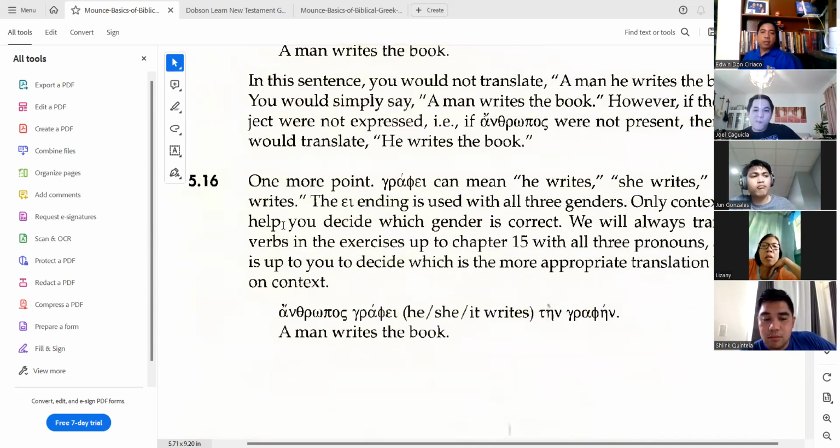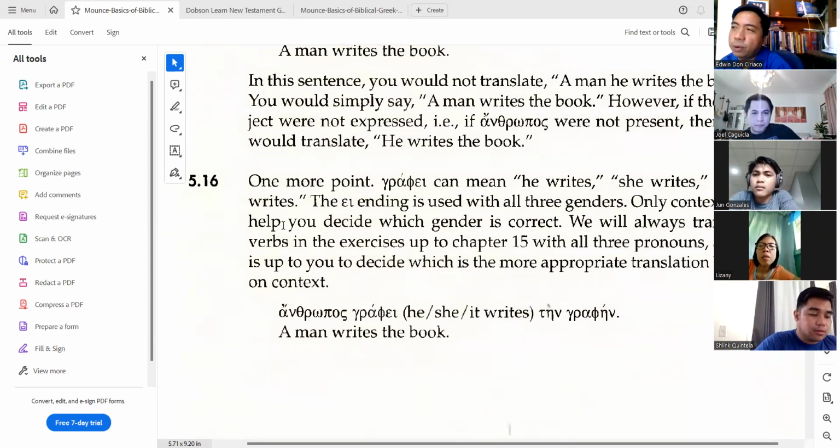One more point, graphe can mean he writes, or it writes. So we're not very sure if the doer of the action is male or female. How can we determine that? We can know that by context. We try to look at who is the subject.